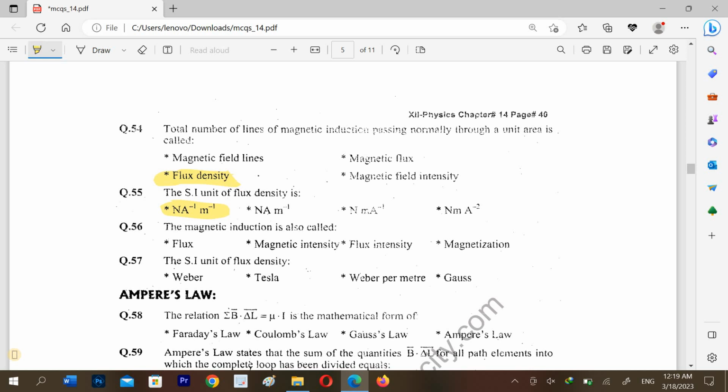The magnetic induction is also called magnetic intensity. The SI unit of flux density is tesla. We saw this earlier above as well.